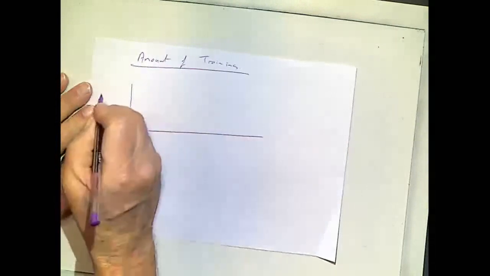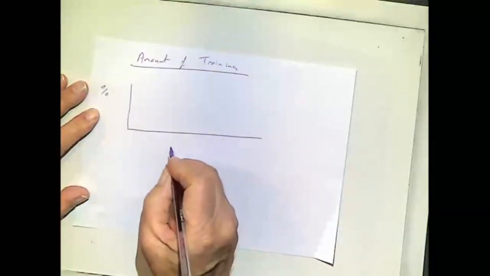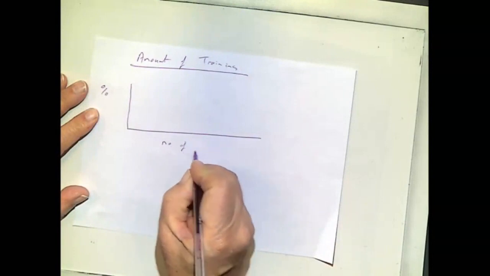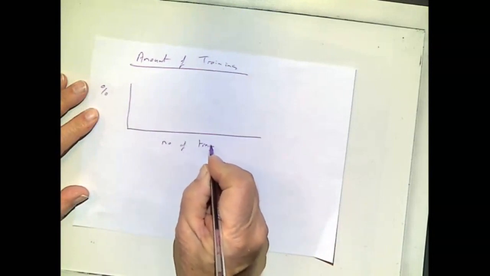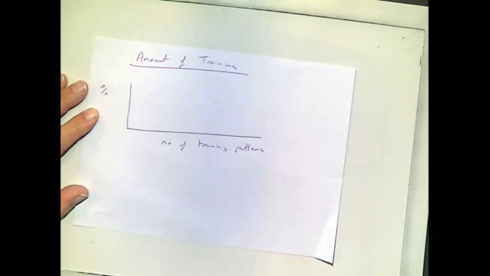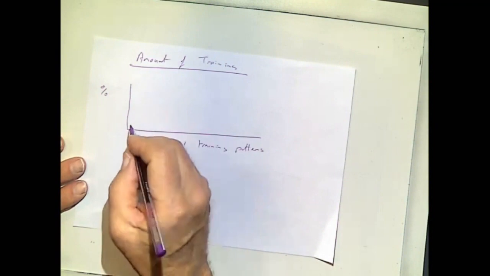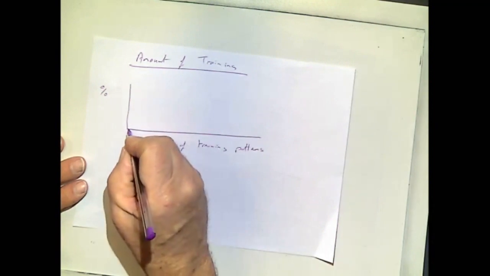And what I want to plot out is a typical graph of performance, that's percentage correct, against training numbers, the number of training patterns, and also I'm going to use varying n sizes. So if I have, say, n equals 2, I might get a performance that looks like this.